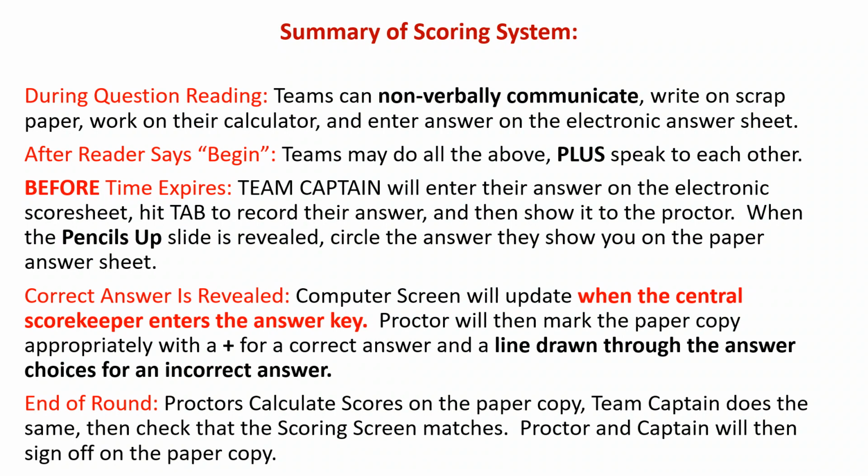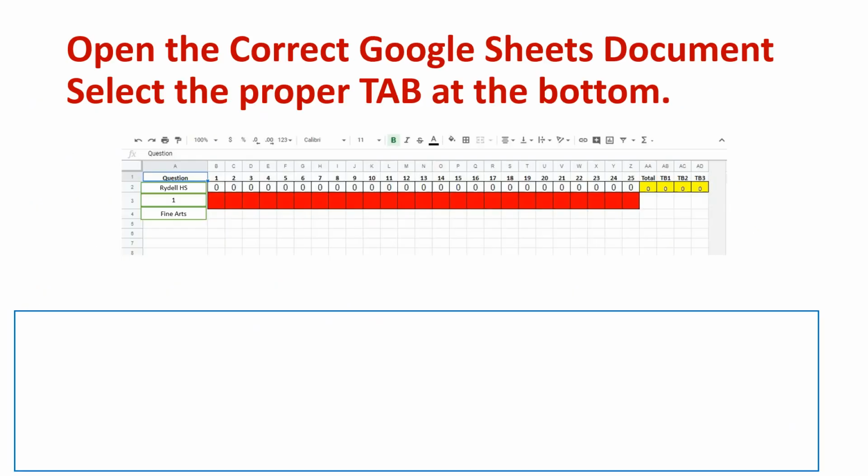That's really important. You've got to make sure that your paper matches the electronic document. Once all three of those match, then the proctor and the captain will sign off on the paper copy that what you have submitted is correct.